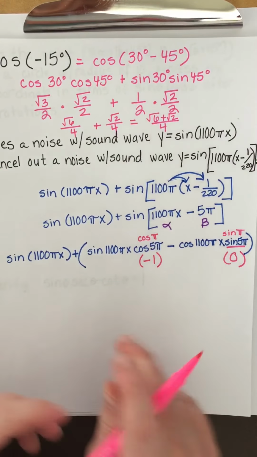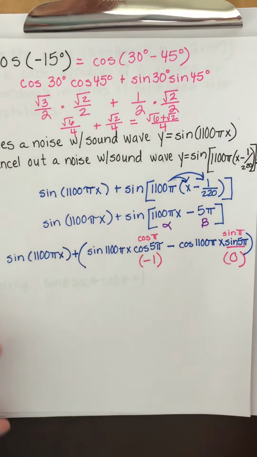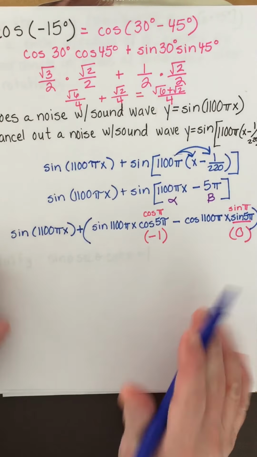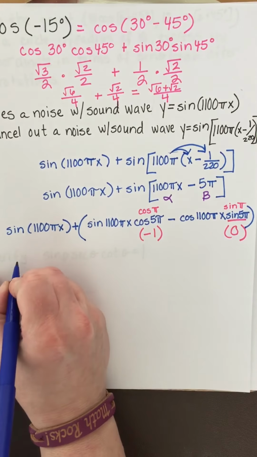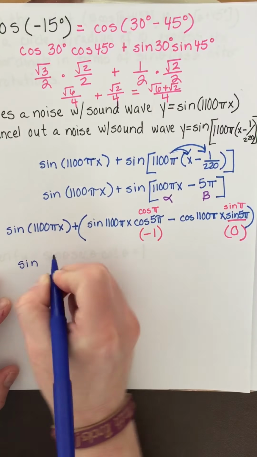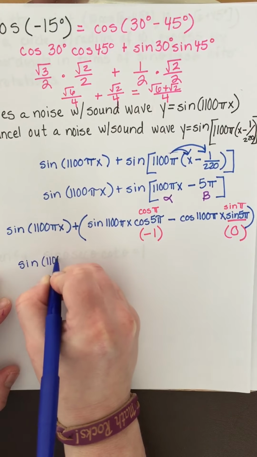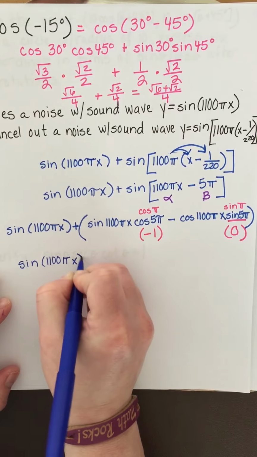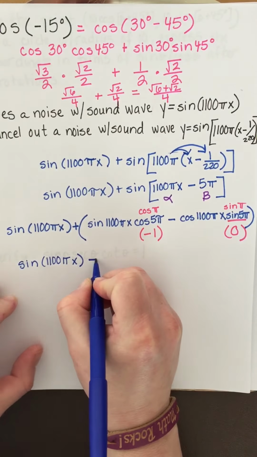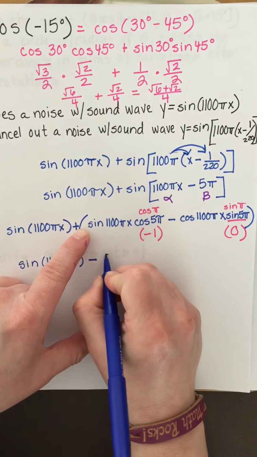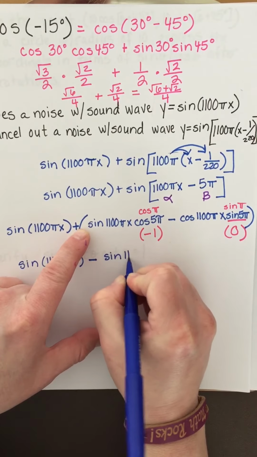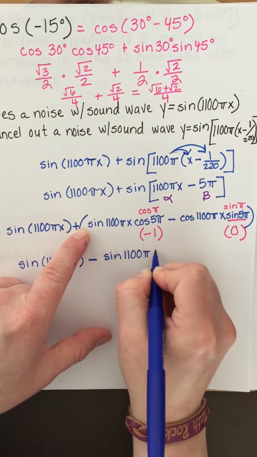All right, so I'm going to write this simplified a little bit. So now we have the sine of 1100 pi x minus, because this negative is going to make that negative, the sine of 1100 pi x.